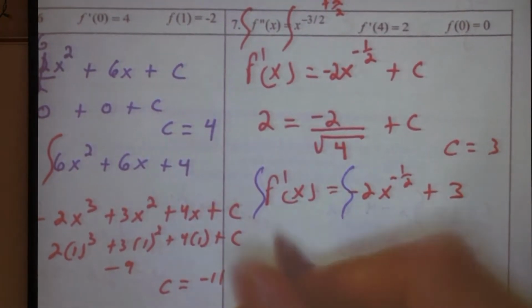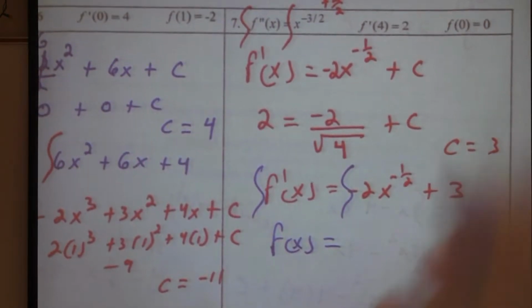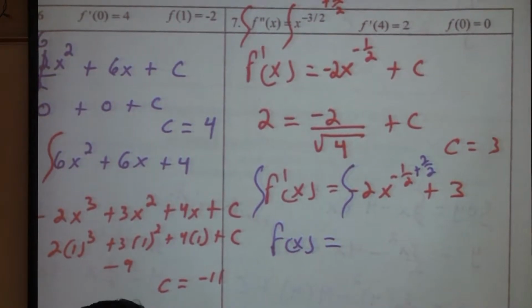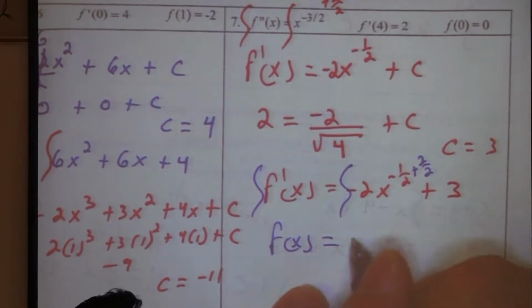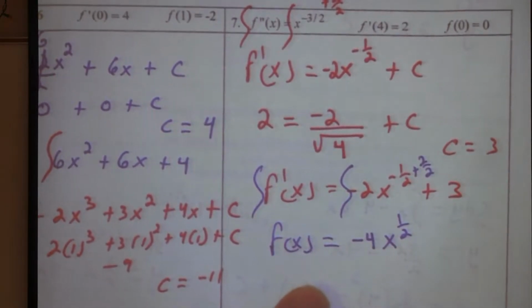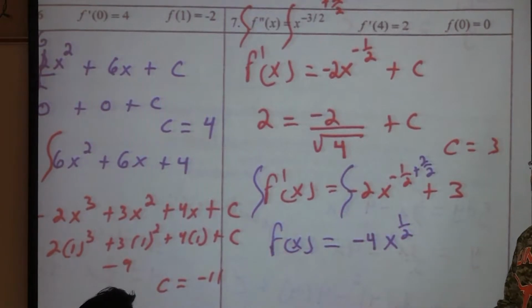Integrate and integrate. So we get f of x is equal to negative 4x to the positive half. Right, we're going to end up with negative 2x to the half divided by half, which is really times 2, so negative 4. Very good.